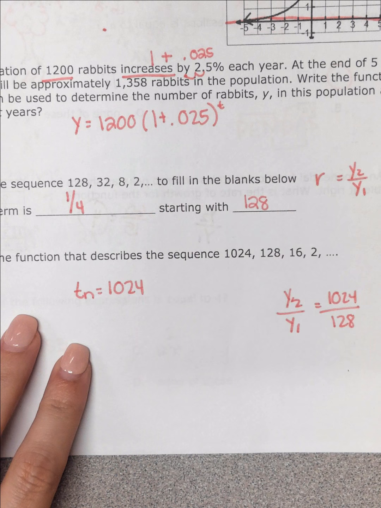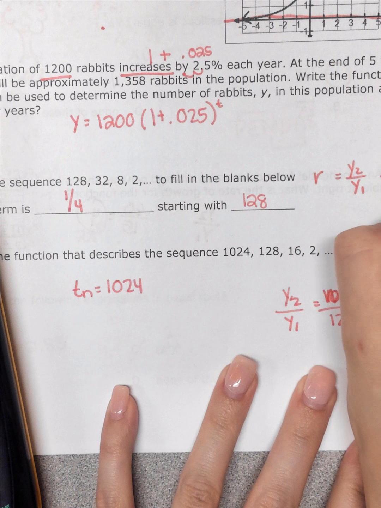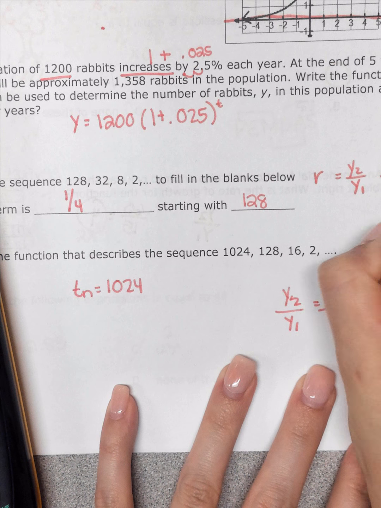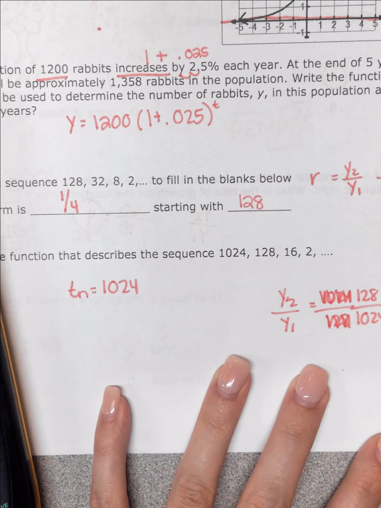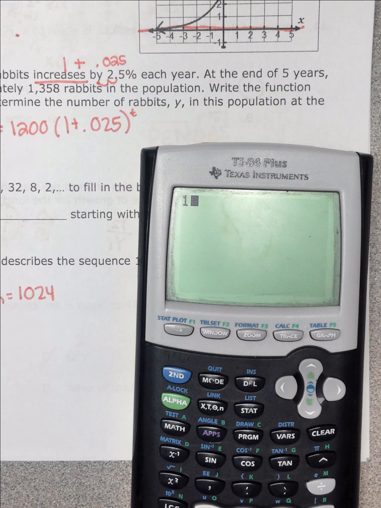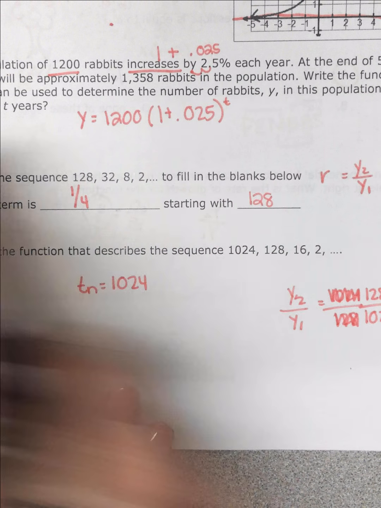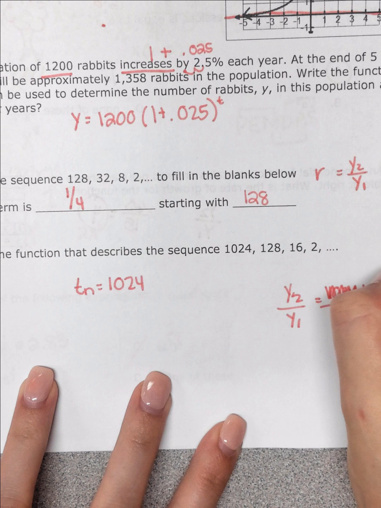What? Oh, I did it backwards. Y2 is 128 divided by 1024. I'm so sorry, guys. It's the end of the day. So 128 divided by 1024, math, enter, enter, is 1/8. So my rate is 1/8.